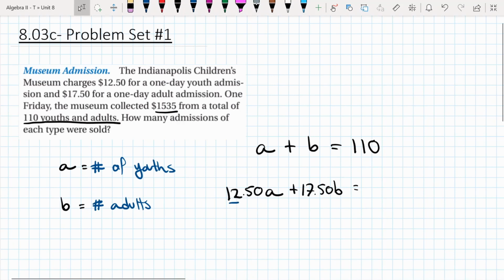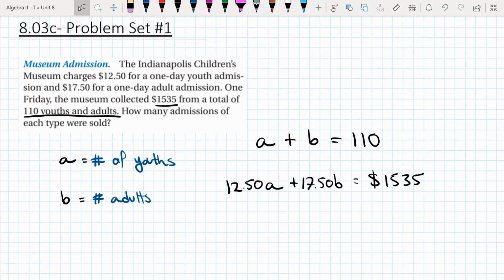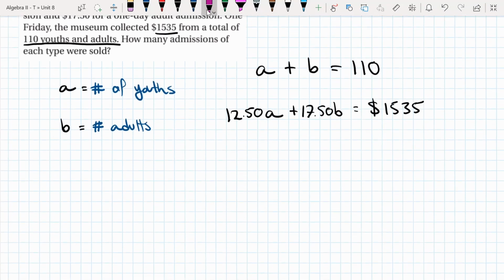So this right here is the total amount of money made from children who have entered the museum. And then this over here is the total amount of money made from the adults who've entered the museum. If we take the sum of these two values together, we know that the total amount of profit is $1,535. Okay, we're going to use this as a system of equations now to solve for A and B. We'll call this equation 1, and this right here will be equation 2.